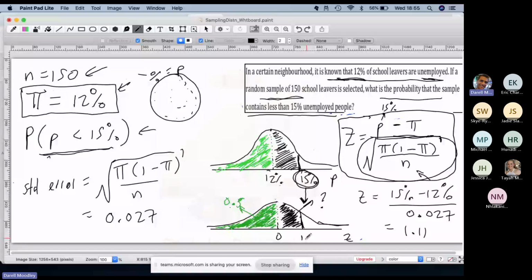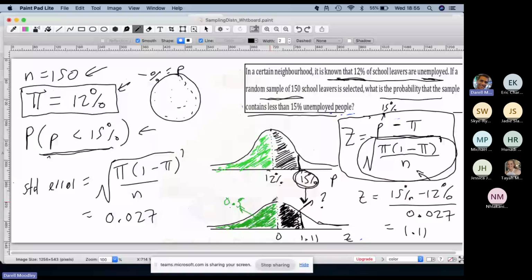And you know how to find this probability using your table, because just like how you did it earlier, it's the same thing. You're looking for the area from 0 to 1.11. You should be able to do that. So if you pull that out, your final answer should be 86.65%.